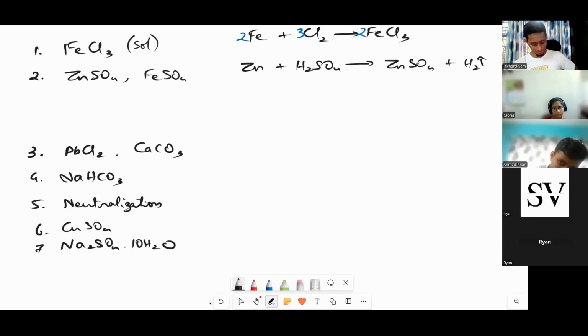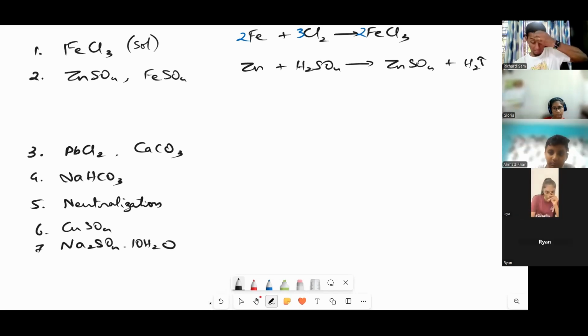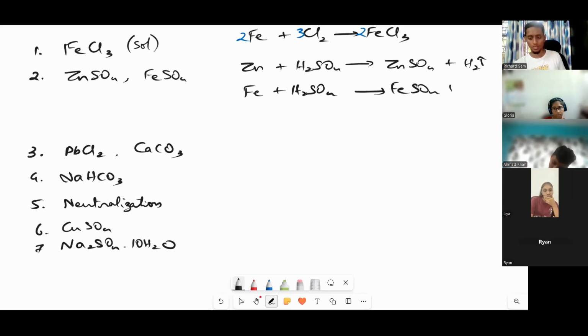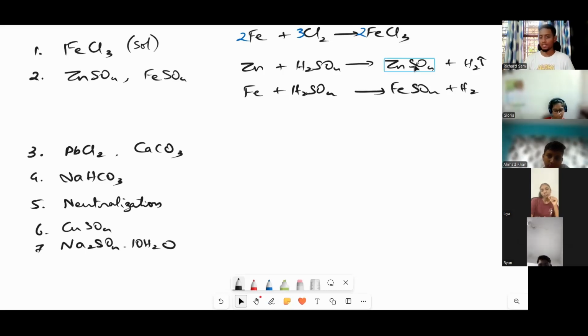Same thing happens even for iron sulfate. Okay, so you're taking iron with sulfuric acid. So here the iron replaces the hydrogen, and you get FeSO4 plus H2.